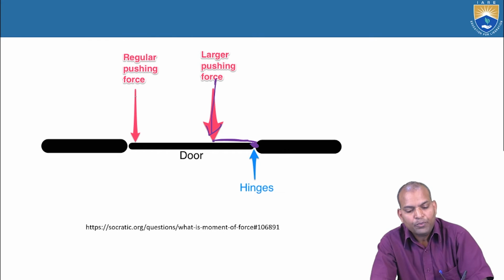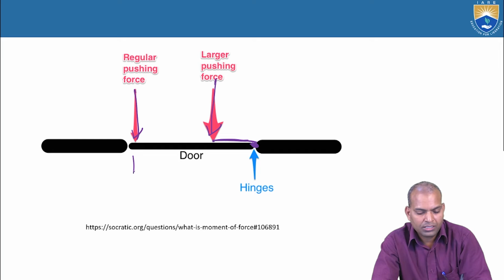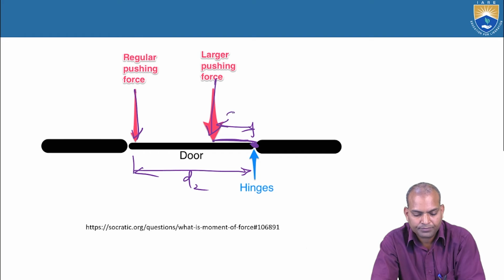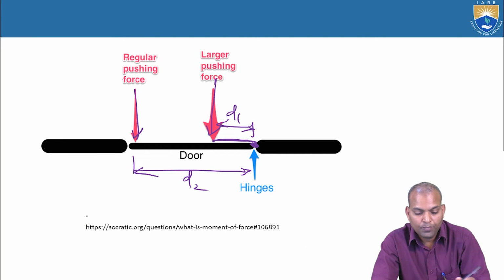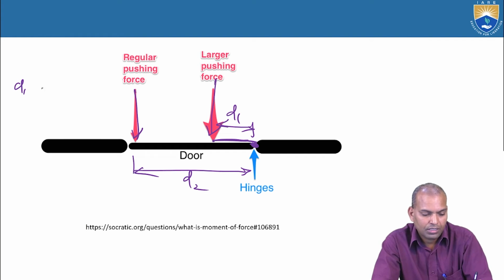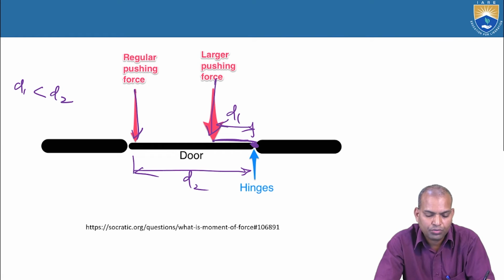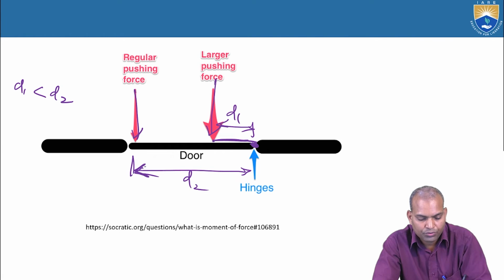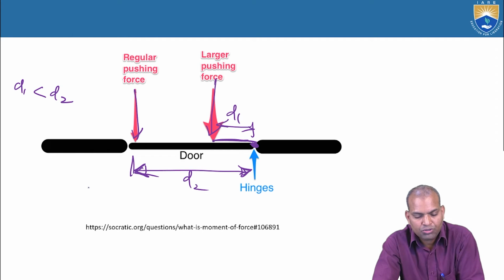If you push here, the distance is d2, and here it is d1. So d1 is smaller than d2. D2 is the distance, not the force. D2 is the distance between the line of action of the force and the pivot.